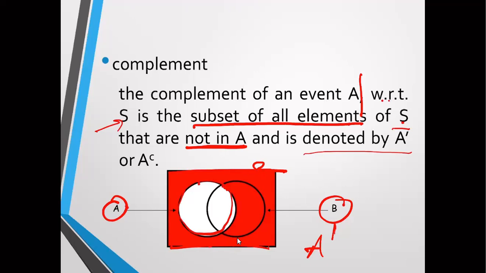Understand? So A dash is the complement of A, all the elements of the sample space that are not in A. Okay, clear?